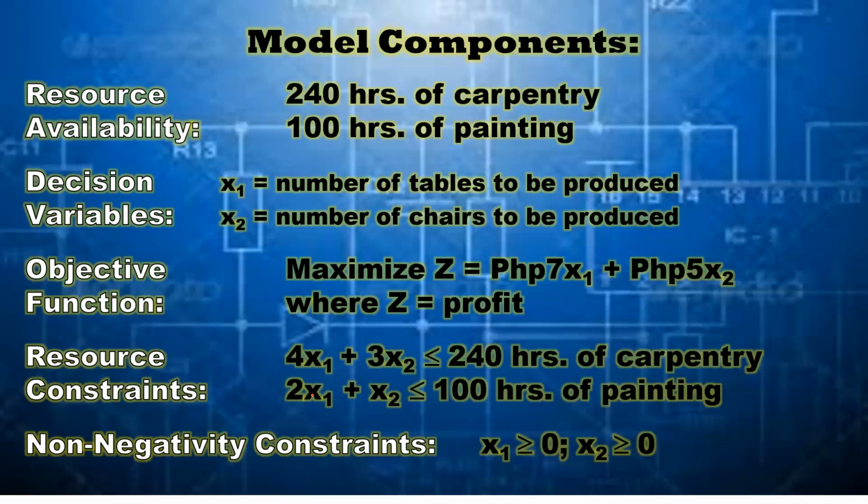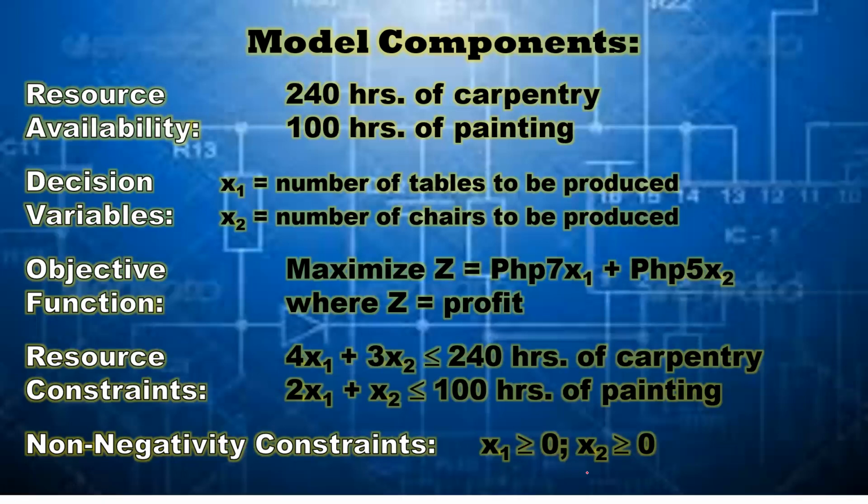For the table, it requires 2 hours of painting, and for the chair, it requires 1 hour of painting. So these are now our constraints, and do not forget our non-negativity constraints, which are x sub 1 greater than or equal to 0, and x sub 2 greater than or equal to 0.